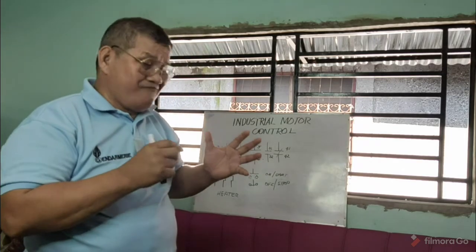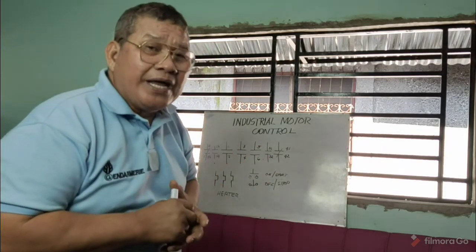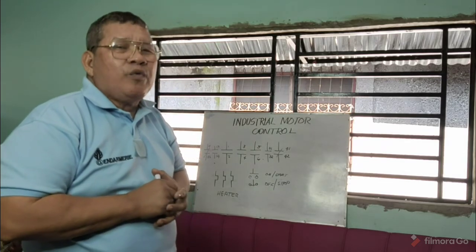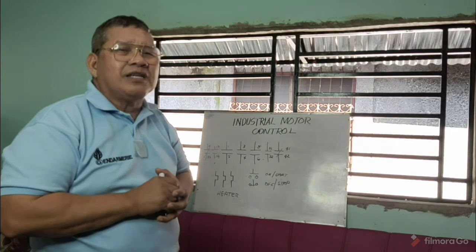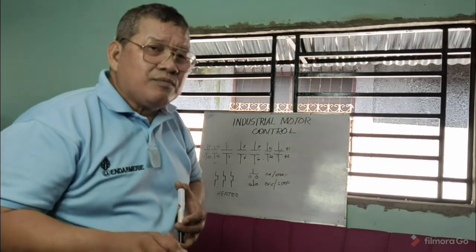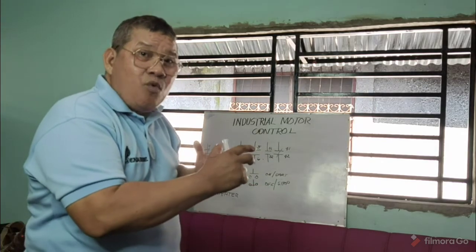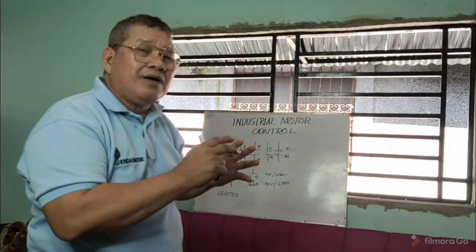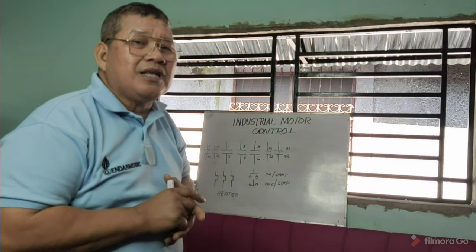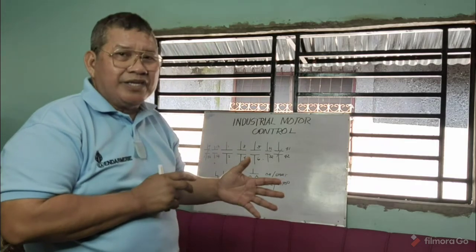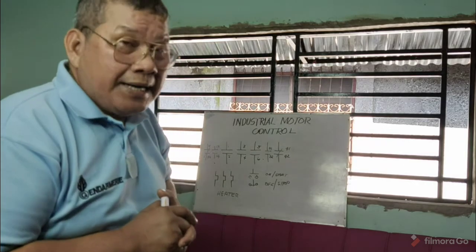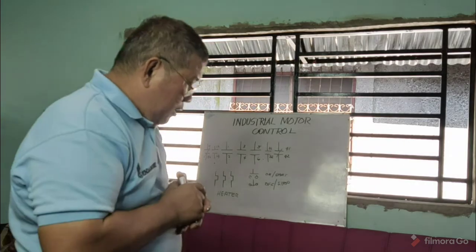But for emergency cases, when we cannot find any means, then as a technician, as an electrician, we have so many options and alternatives on how to run that motor again using that defective one, while not yet securing the new one. So we can still use it. That is part of troubleshooting and repair.